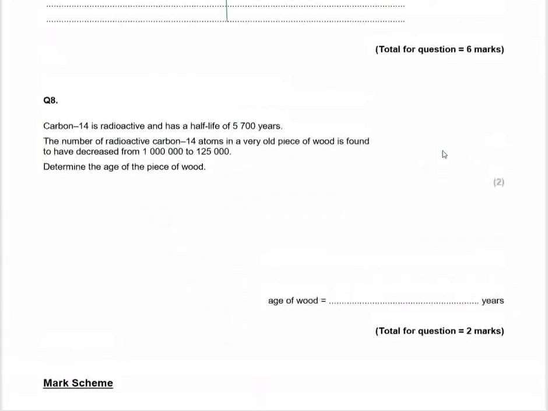Right, and the last question, this is half-life. It says this carbon atoms, this radioactive source, will take 5,700 years to halve. So half-life means it will take this many years to halve itself. At the beginning we have 1 million.